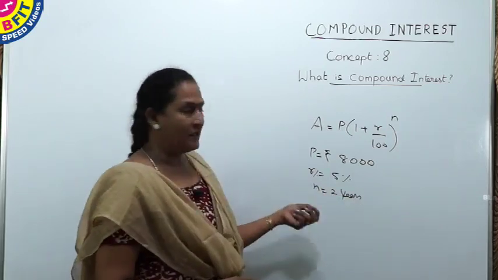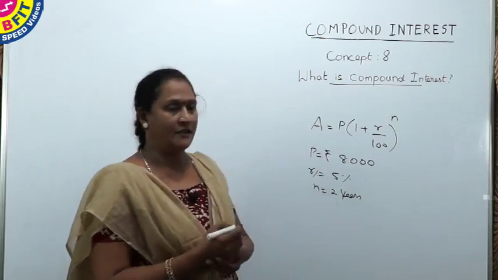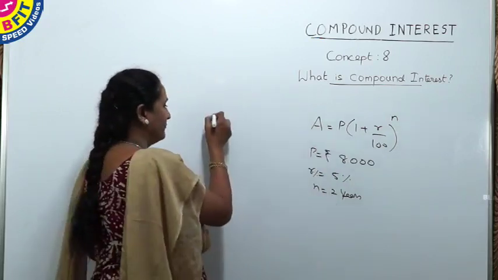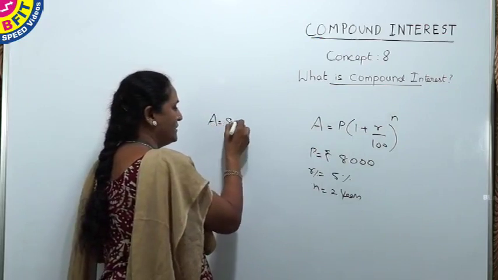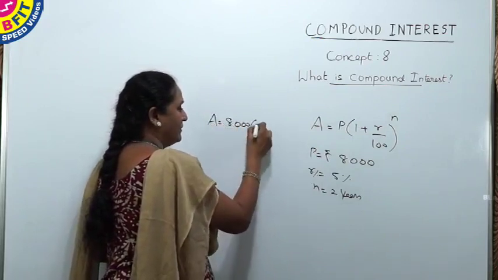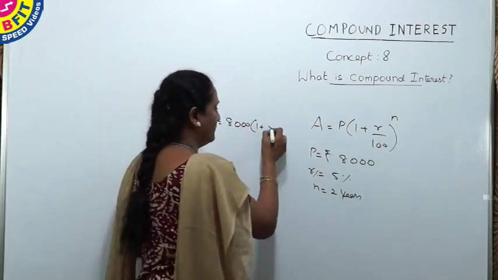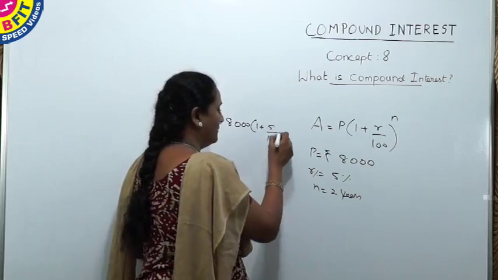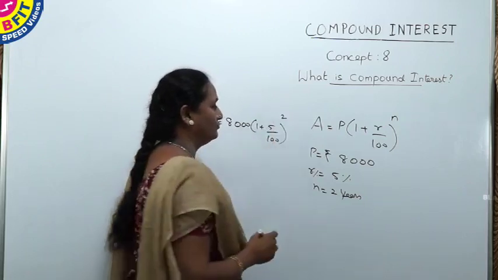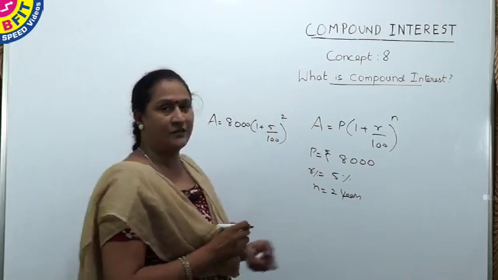So substituting the values in this formula, we can find the amount. So amount is 8,000 into 1 plus 5 by 100 whole power 2, because number of years is 2.